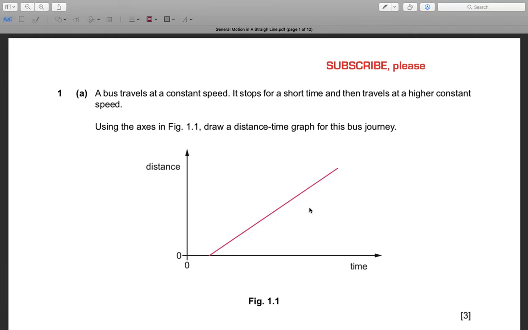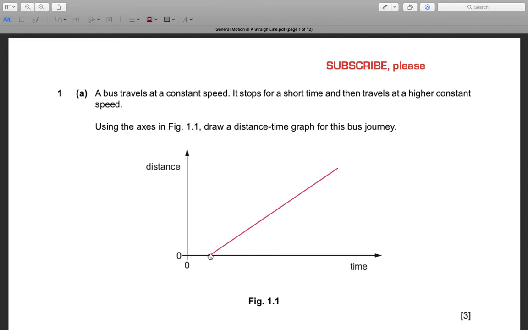Because the bus travels at a higher constant speed, we can say the graph is a straight line going up with a slope. The slope is velocity, because the velocity is constant, so distance over time is the same number.